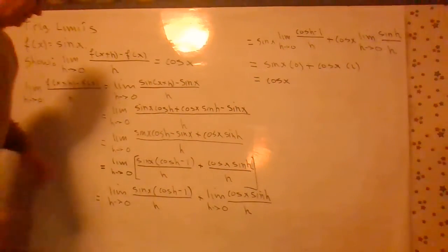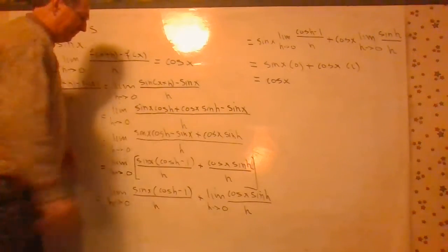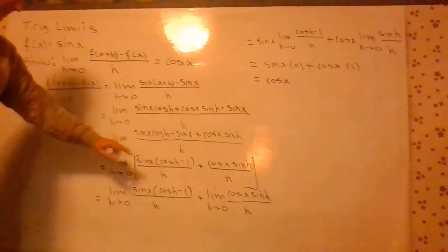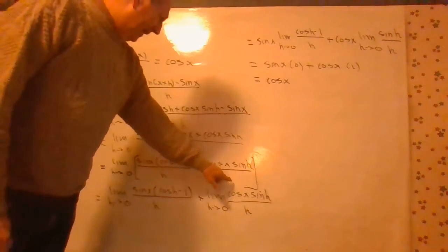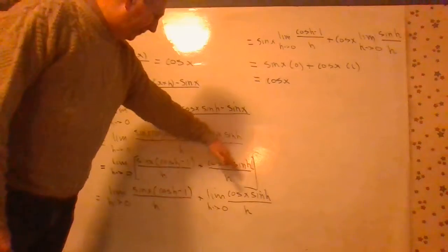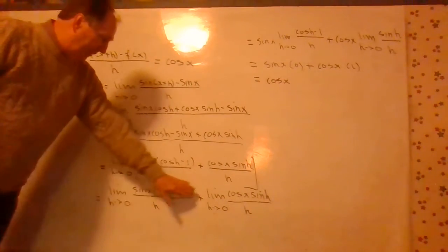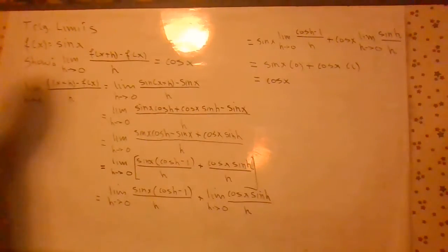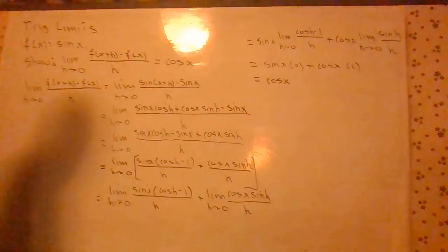Now the reason is, here you can see the sine x we can factor out, which leaves cos h minus 1, and it gives us that. And then this over that is that. We're going to break it up into two separate limits, because the limit of the sum is equal to the sum of the limits. That's a basic property of limits we looked at previously.